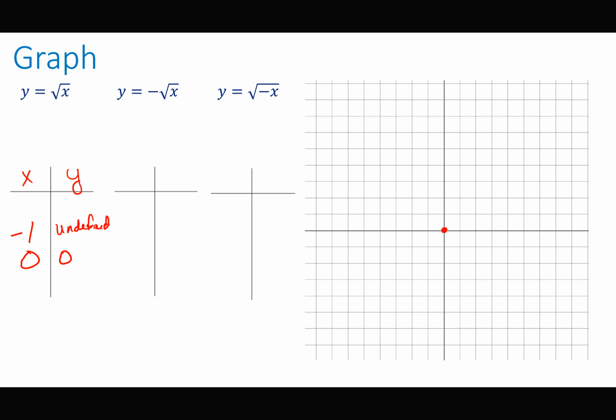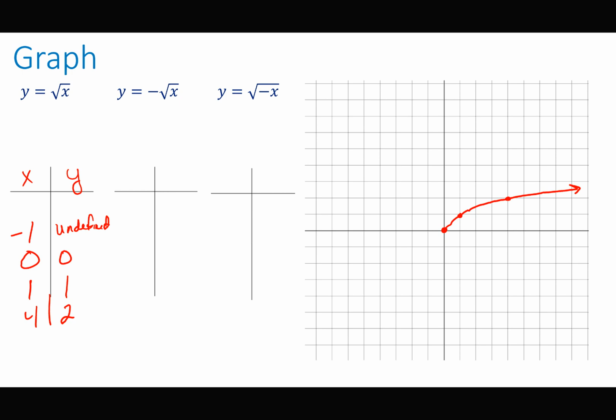Okay, so it's never going to dip below the x-axis or go to the left of the y-axis. So now I can start going positive values. So +1 is 1. I'm going to go up to +4, which is 2. And so I have 1, 1, and then I have 4, 2, and then we keep going from there.